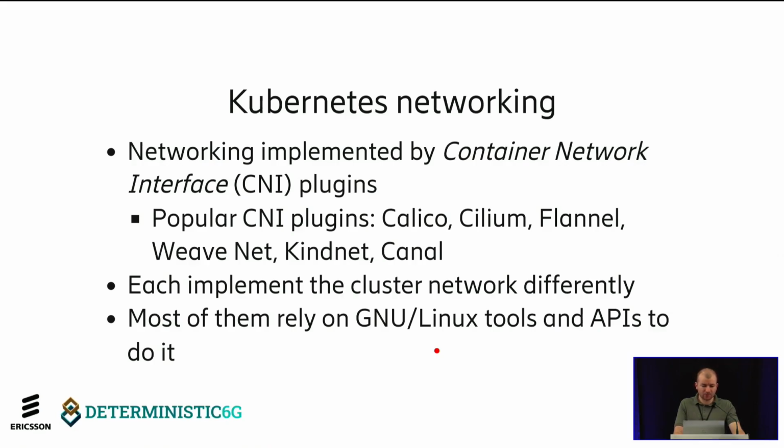Most of these plugins, not every plugin, because some of them rely on DPDK or other kernel bypass technologies, but most of them, especially those listed here, use the GNU/Linux tools and APIs to build the network and implement the cluster networking.